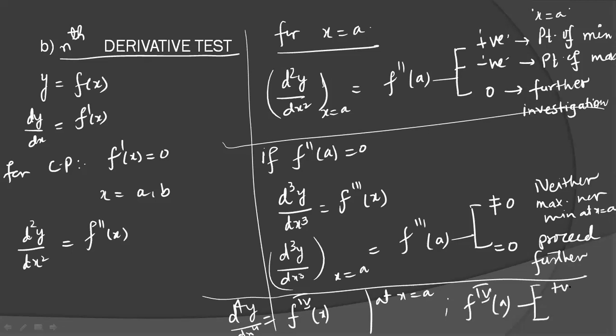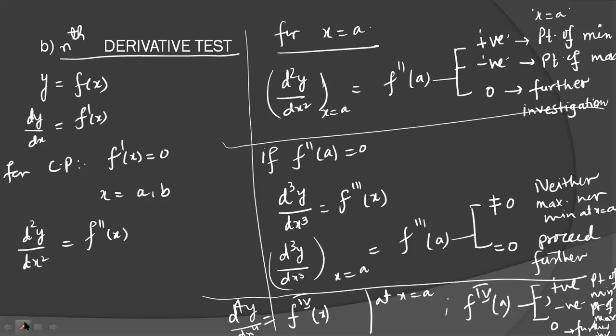Now again, if it is positive, it is a point of minima. If it is negative, a point of maxima. If it is 0, further investigation, which means we have to go for the 5th, 6th, 7th, 8th derivative further. So this is the complete algorithm for this method.